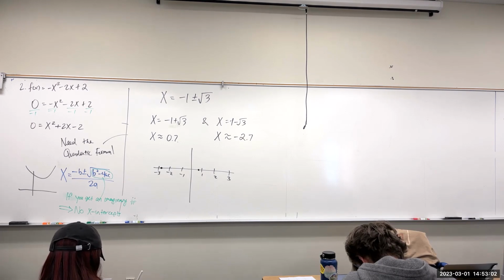Another way of doing that is, one negative 1 times the x was 0.